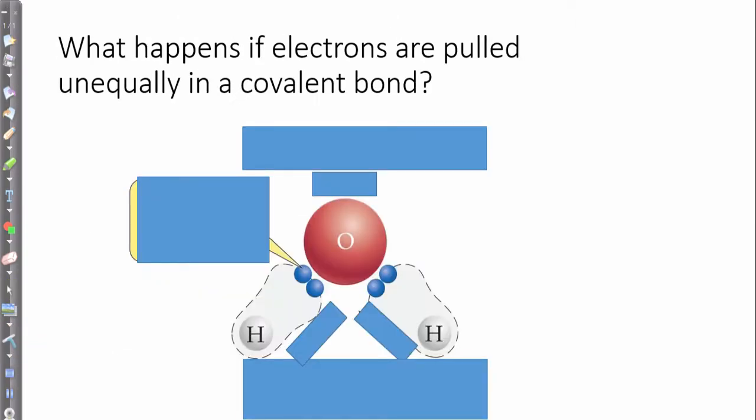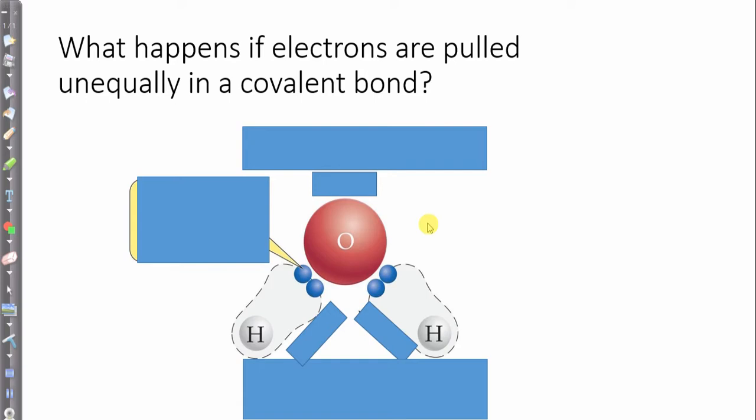What happens if electrons are pulled unequally in a covalent bond? That is, in a polar covalent bond. Here's oxygen and here's hydrogen. Rather than the electrons being equally shared, the electrons are being pulled by oxygen toward it. Oxygen is more what?